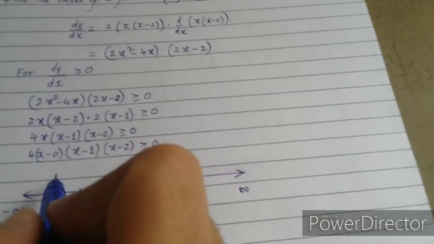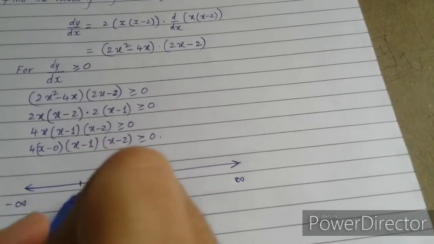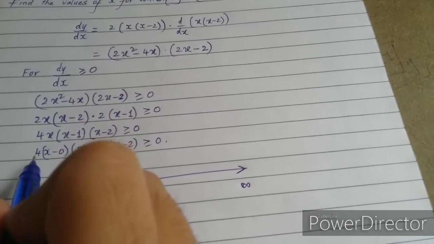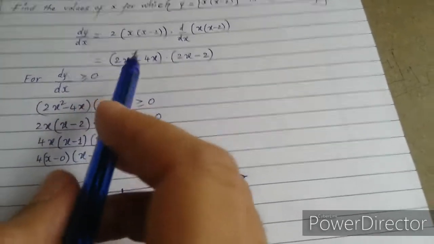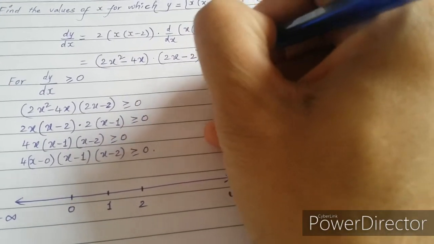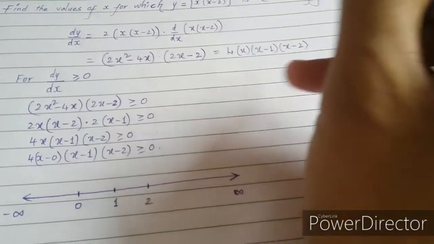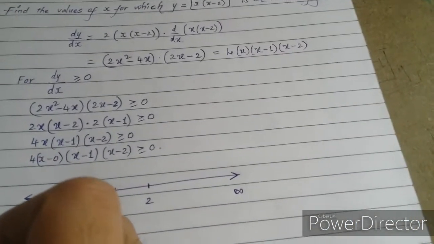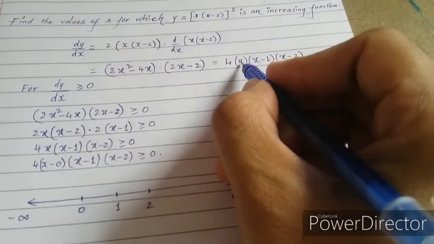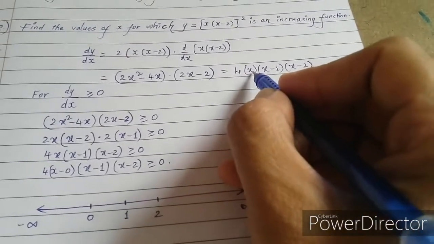Whenever the value of x is less than 0, means negative, f dash x, dy by dx, here it is 4 into x minus 1 into x minus 2. x is negative, then these two are negative, negative into negative, positive into negative is negative.